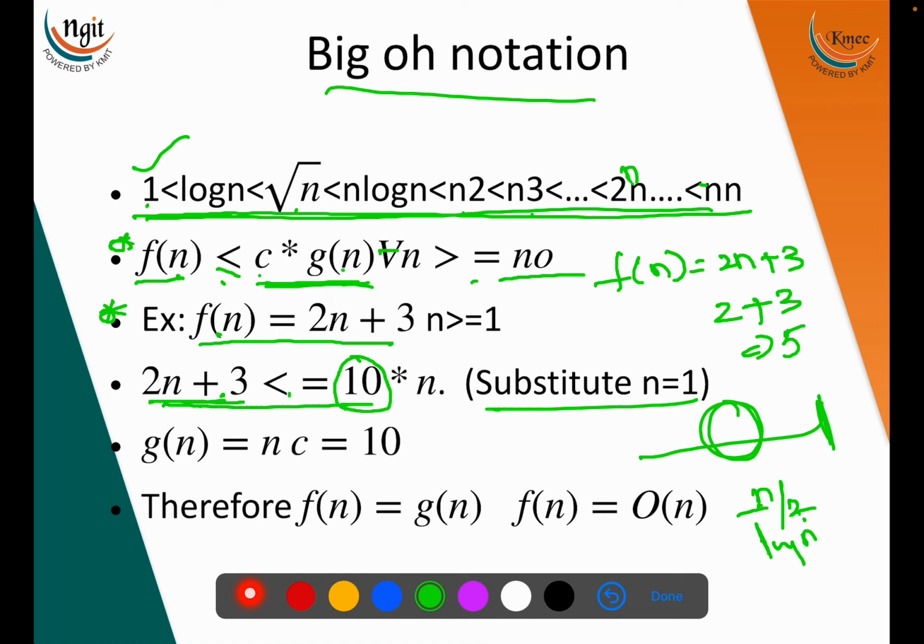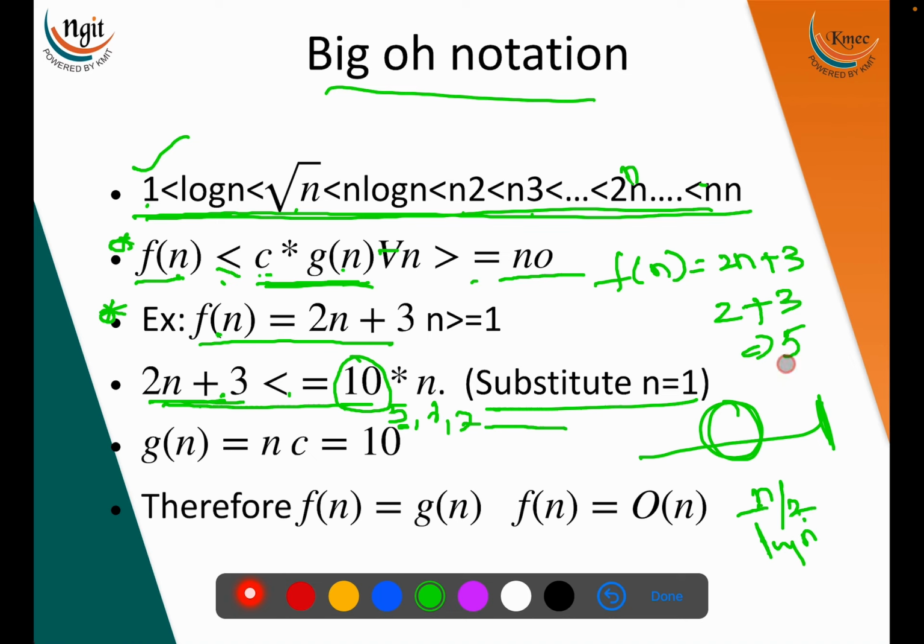It can be 5, 6, 7, any value. Why has the value started with 5? Because to make this condition true, the C value should be equal to 5 or greater. You can take any value over here. It doesn't mean that you have to take only 10.